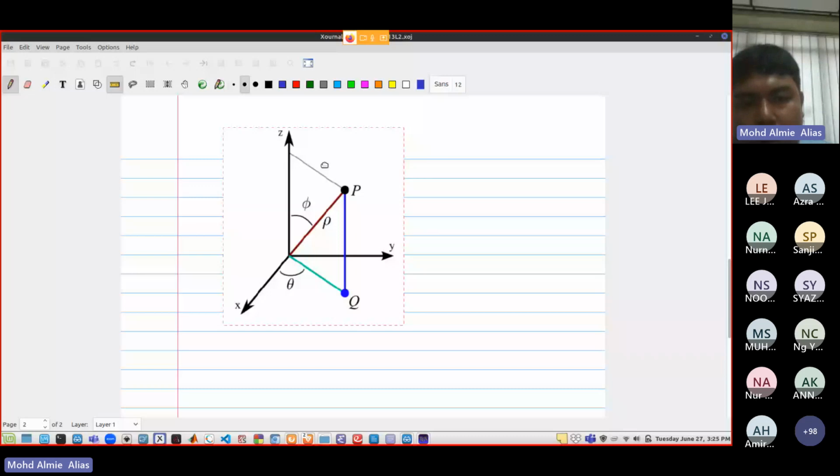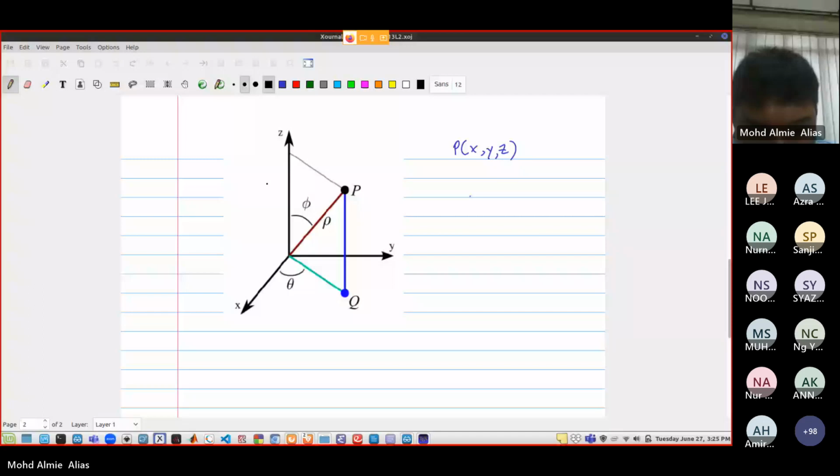You can write it as P(x, y, z), which means this is your x value, this is your y value, and this is your z value.